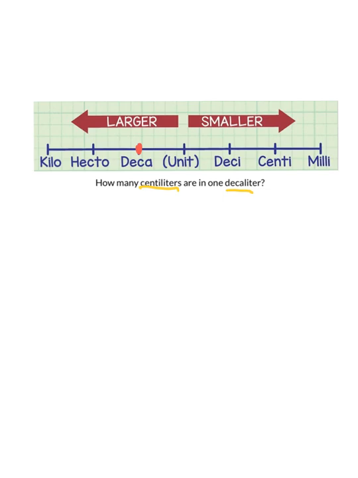So you would move 1, 2, 3. You're going to move the decimal 3 places to the right. So when I look at my number here, if I have 1, we know the decimal would come after the 1 deciliter. I'm going to mimic the arrow movements that I did on the number line. 1, 2, 3.